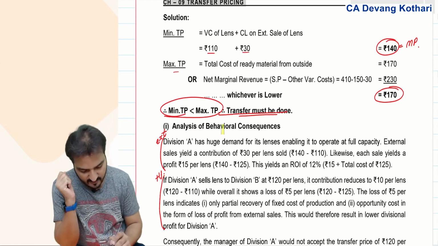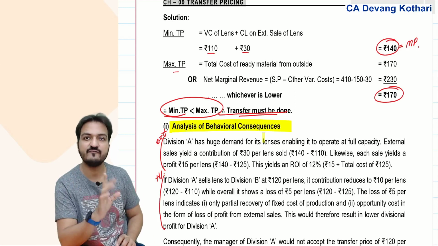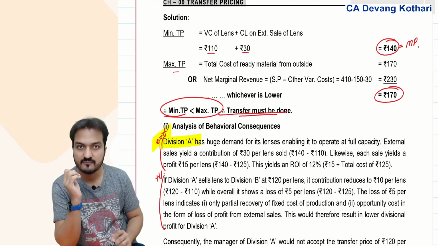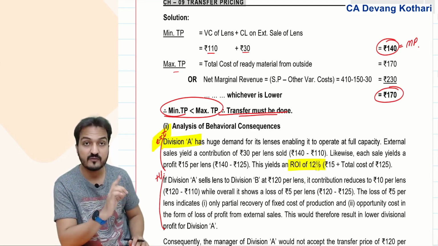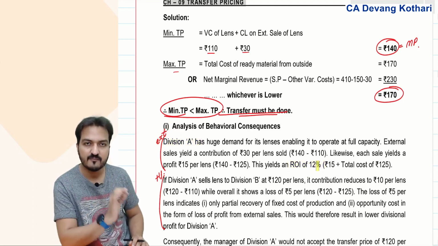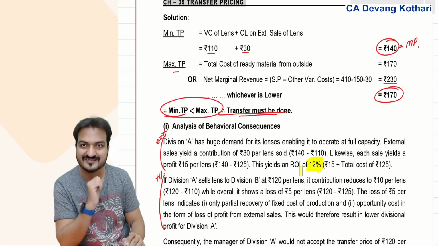Analyzing behavioral consequences means for each division you decide. When division A does external sale, he is earning a return on investment of 12%. Return on investment is calculated as profit divided by total cost. So his return on investment is 12% in that case.